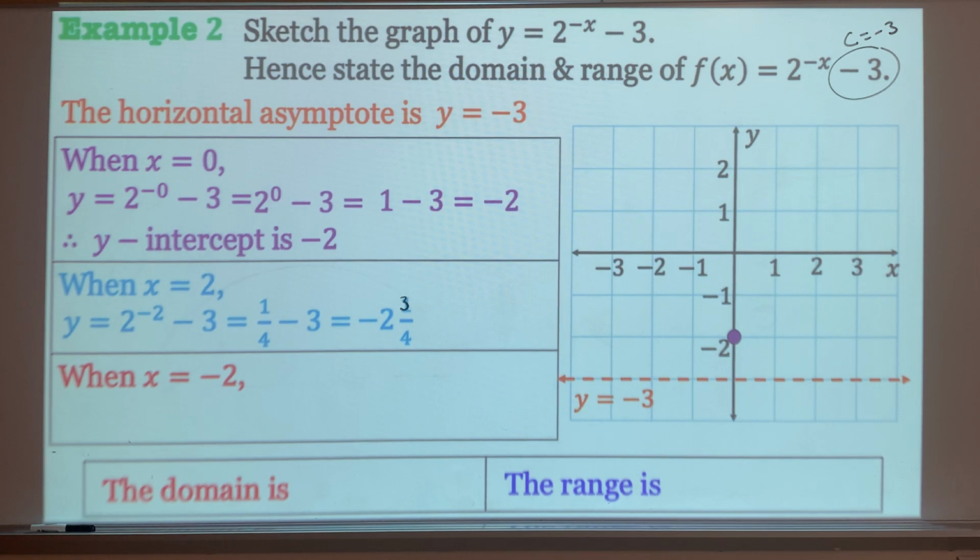Put your point at (2, -2 3/4). Next one, plug it in, solve.